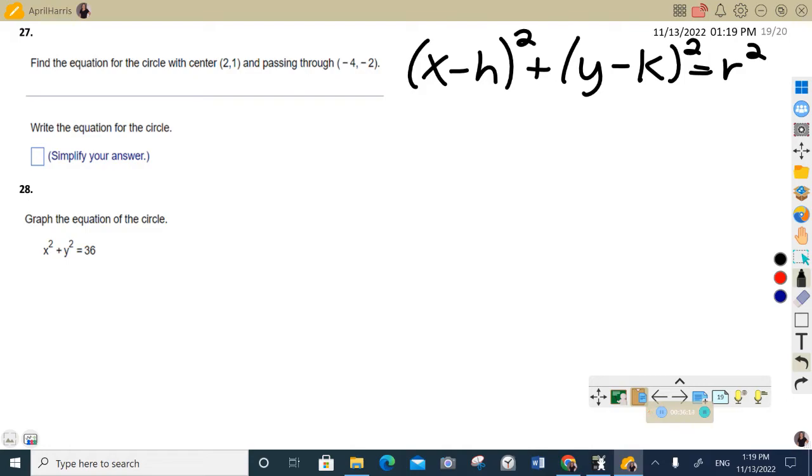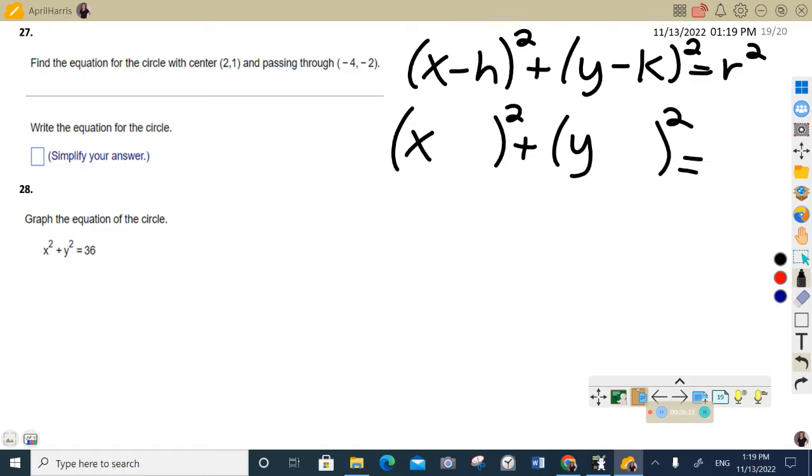Now when I put that in the parentheses though, I have to change the signs. Anytime you take something out of the parentheses or put it back in the parentheses, they got to change signs. So since x, that's your x and y values, alphabetical order. So inside with x, I'm going to put -2, the opposite of the center, and with y, I'm going to put -1.